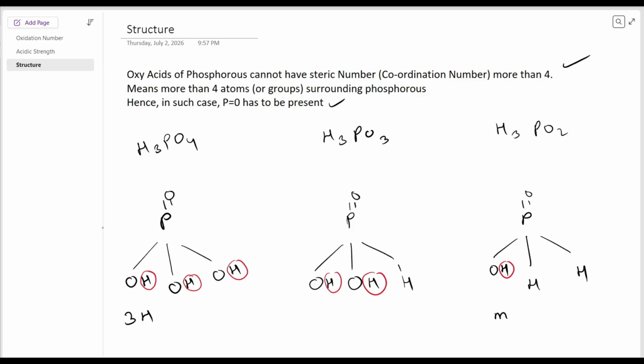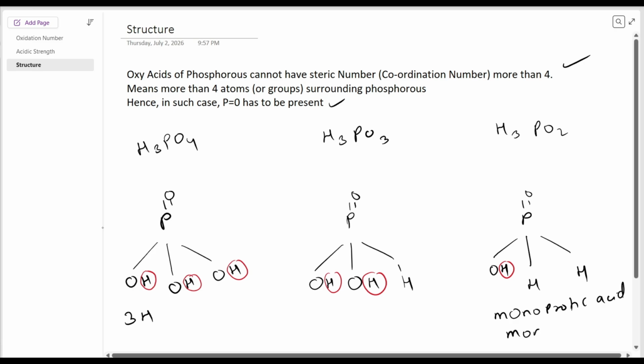So I can say this is a monoprotic acid, or I can use another word, monobasic acid, because H3PO2 has only one hydrogen available for contributing to acidic strength. Same thing we can say for H3PO3.